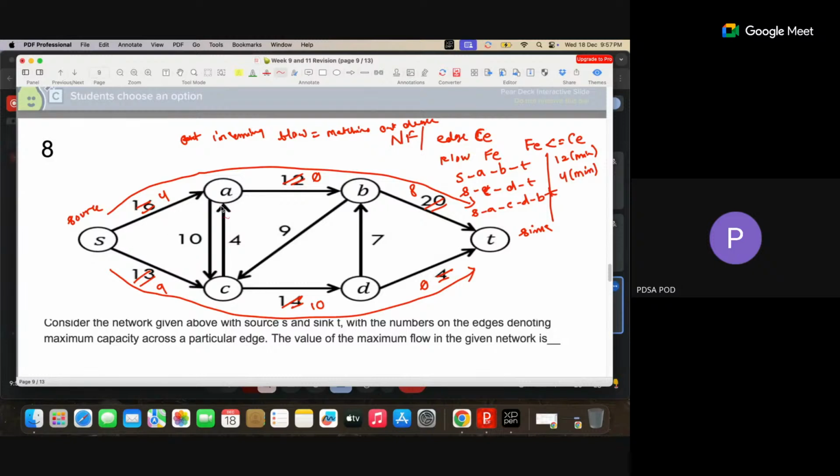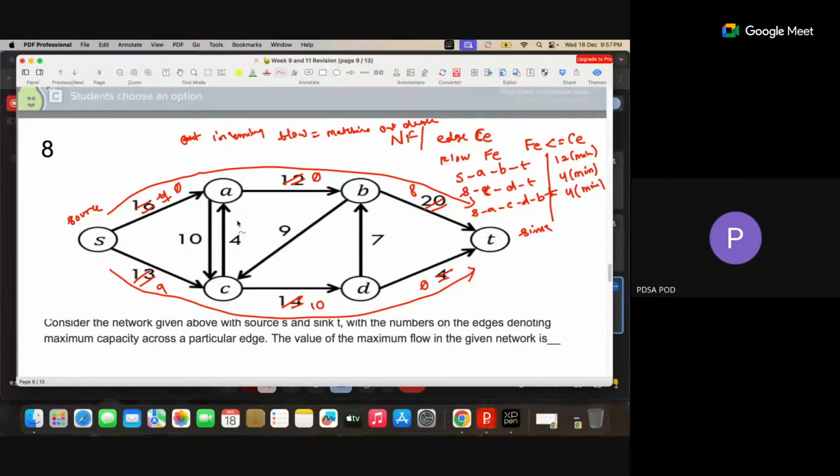This 4 I can move to C, this 4 I can move to D, this 4 I can move to B, and this 4 I can move here. So this is another 4 minimum. Is it clear? Yes, so in this way, this one will become 0.